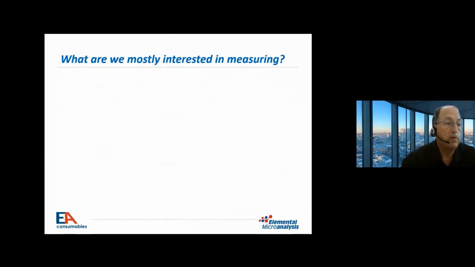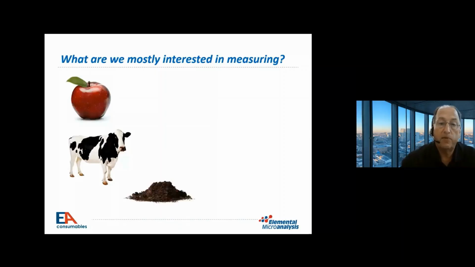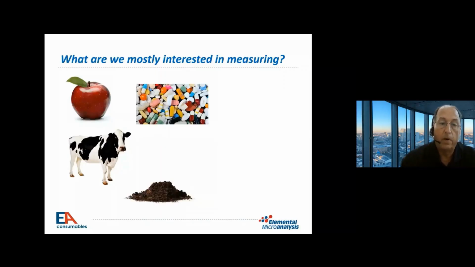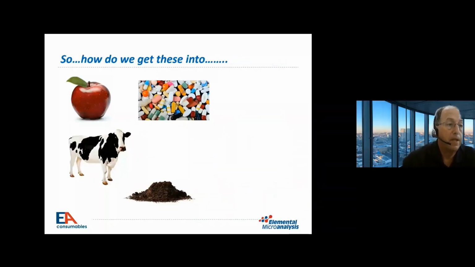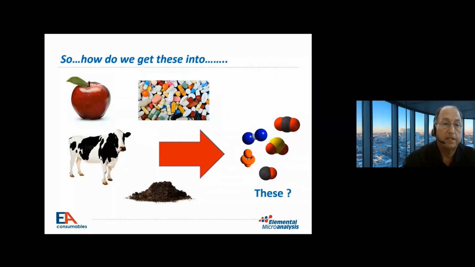But what are we mostly interested in measuring? We're mostly interested in measuring things we can touch, and what these things have in common is they're not gases. So the question is, how do we get these things into these things?